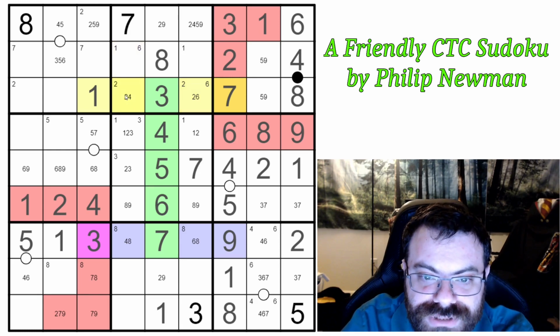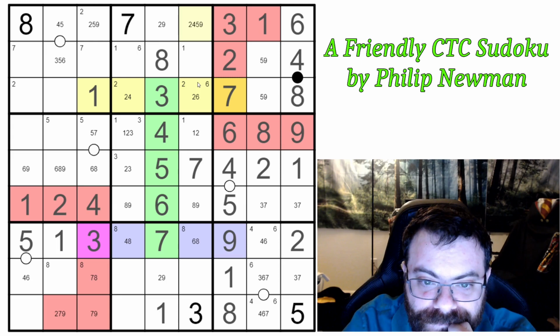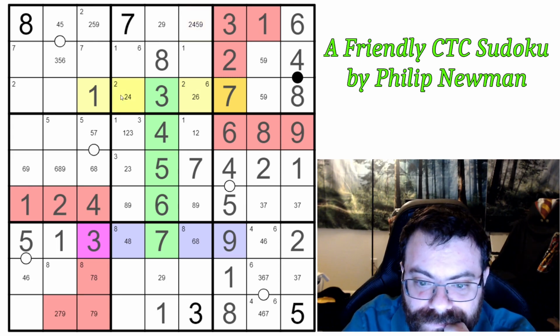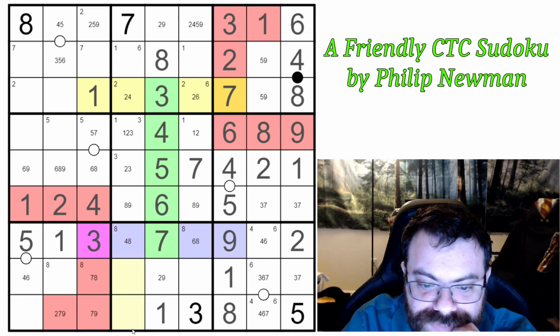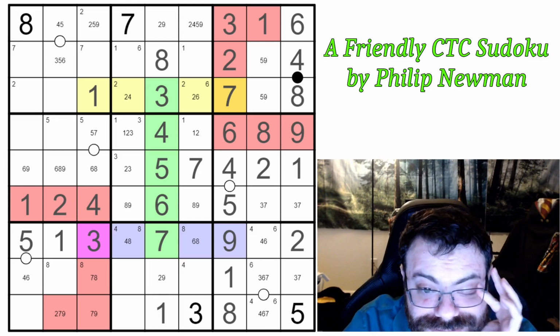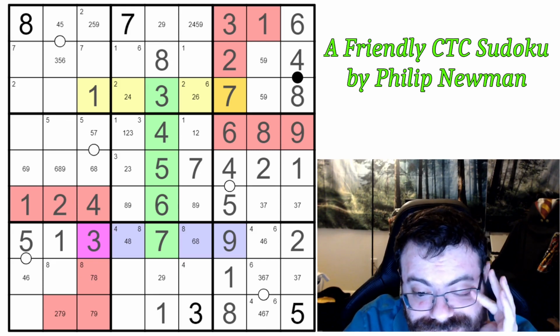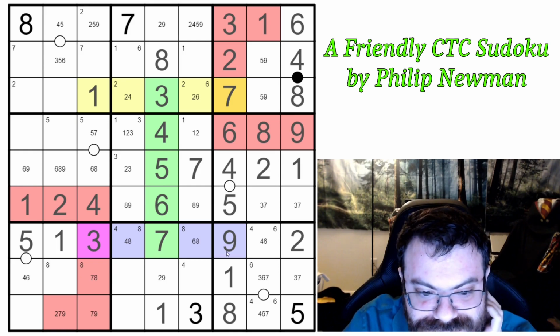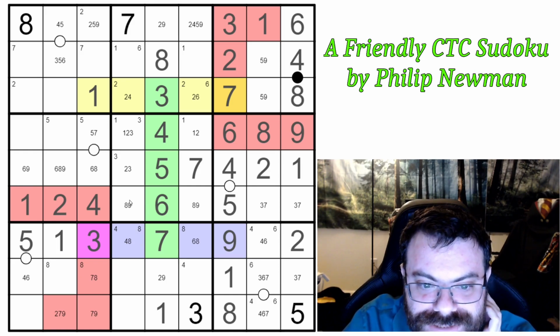And then 4 could go up here. But 4 in this box, yeah. So 4 can't be in these two. So 4 is either here or here. That's a really strange... I don't know what to make of that. There must be more to it.